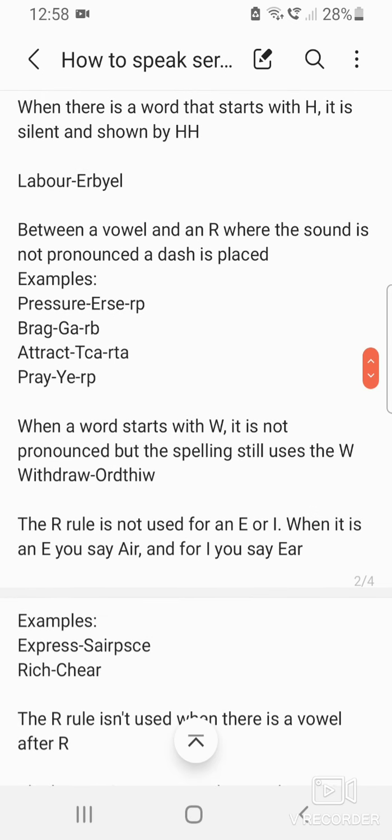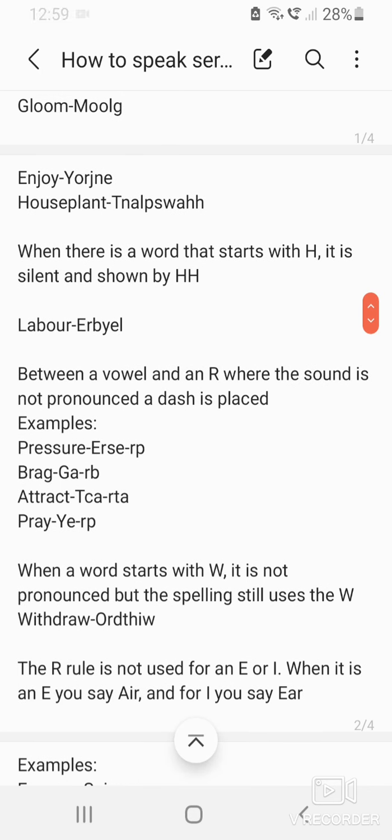When there is a word that starts with H, it is silent and shown by two H's. So, for example, houseplant is Tnaupswa, but you can see I didn't pronounce the H because I can't really. Take hen, for example.